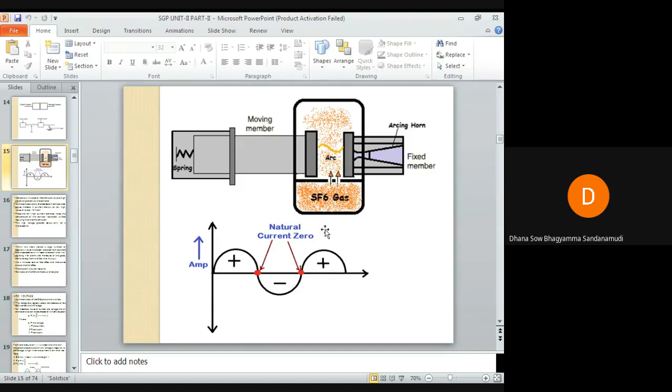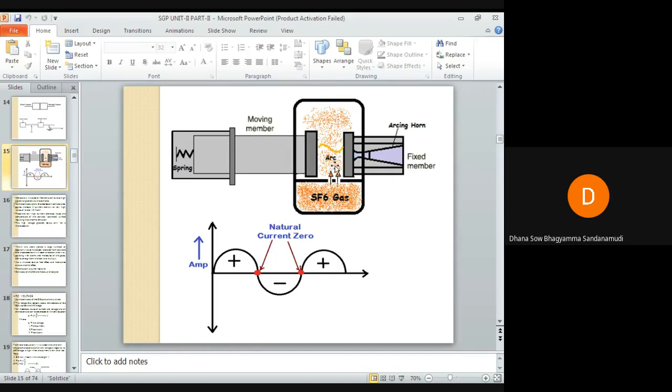You can see here an arc is struck between these two contacts. Here SF6 gas is in this chamber, in which the moving contact and fixed contact are there. As soon as the arc is initiated due to field emission, and maintained due to thermal emission, and the contacts are opening, the SF6 gas moves towards the arc.